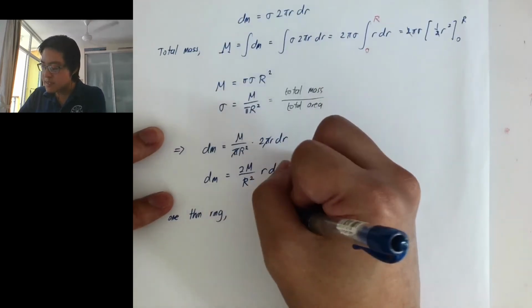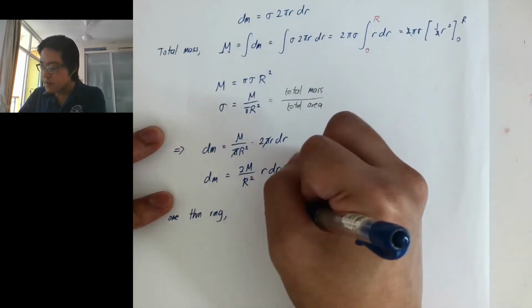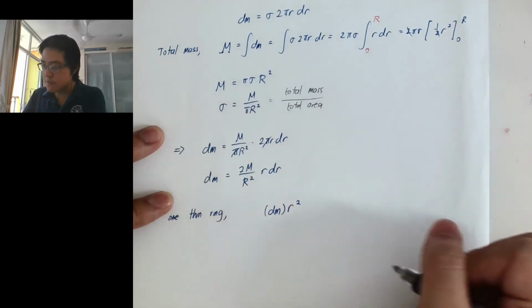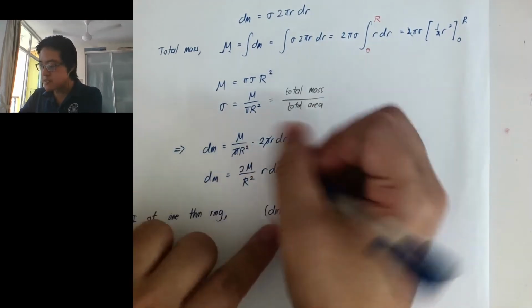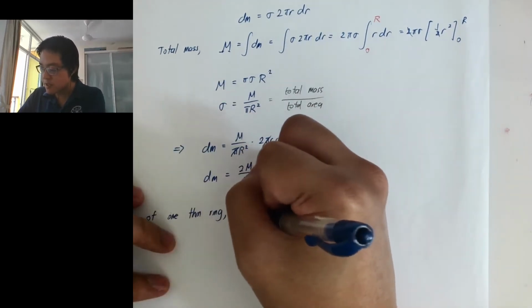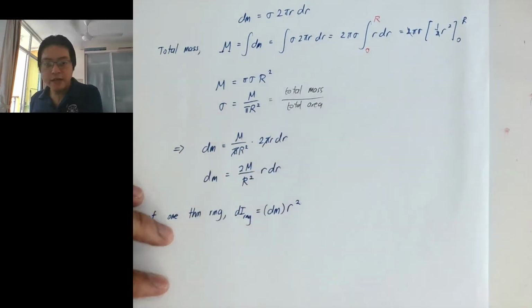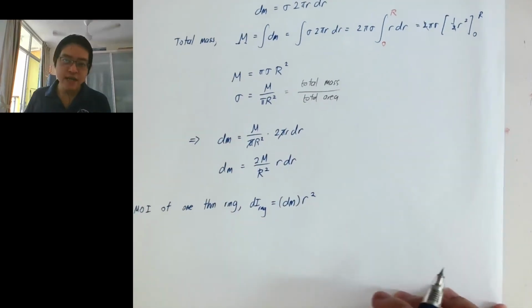So the mass is very small, and the radius is some r squared, so the corresponding moment of inertia is also very small, a tiny moment of inertia, dI ring.